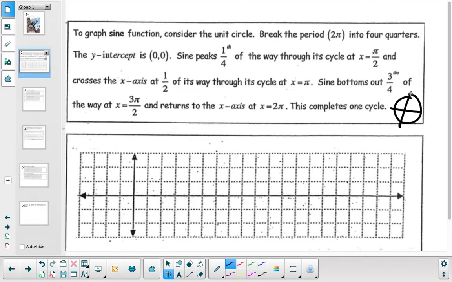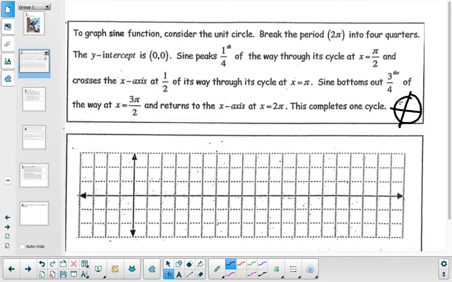It peaks, or gets to the highest point, at pi over 2. So that is an important number to graph. And then it starts to go back down until it crosses 0 at pi, and then it keeps going down until it gets to the lowest point at 3 pi over 2, and then it starts to go back up, and it just keeps the same cycle over and over and over.